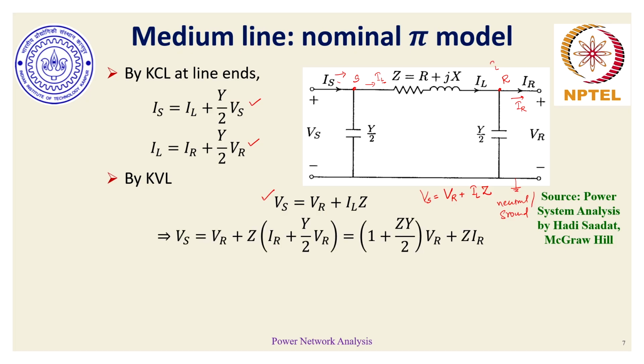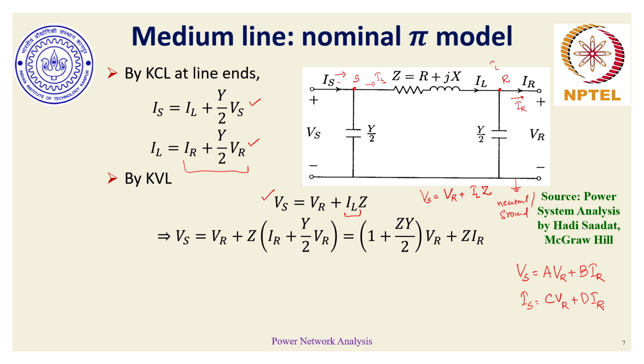So if we rearrange them, what is done here is we have replaced IL in terms of IR and Y by 2 VR. So we get our first ABCD equation, where, remember, in terms of ABCD parameters, Vs is equal to A VR plus B IR, and the second ABCD parameter equation is Is equal to C VR plus D IR.